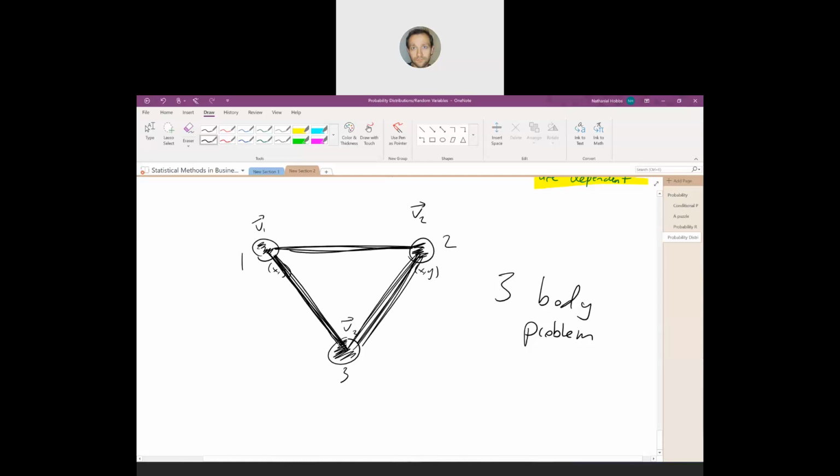So if you want to figure out how 2 moves, you have to calculate how much 3 is pulling on it, but then you also have to count how much it's being pulled on by 1 because of 3's influence on 1, and it just becomes a horrible mess. I mean, it's already getting messy, and I haven't even really delved into it.